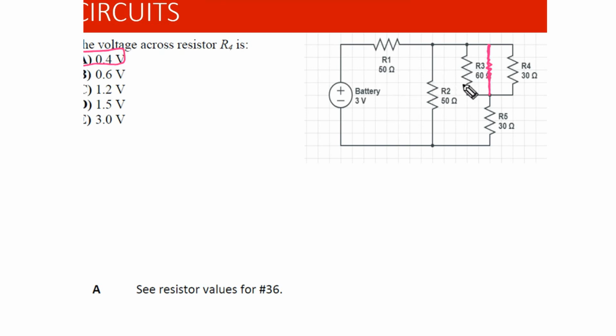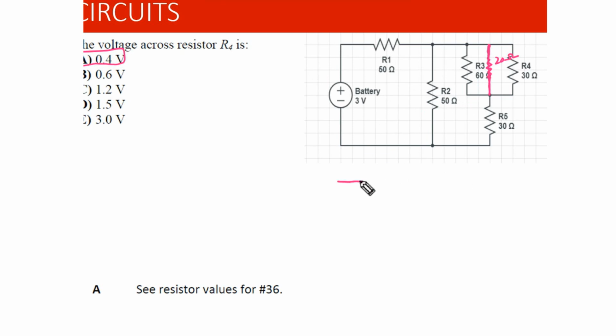These two resistors you have to replace with one resistor, so just find the parallel combination. If you solve this, you will get 20 ohms. So this is 50, and you have another circuit now. You can find the total resistance, then find the current and figure it out.